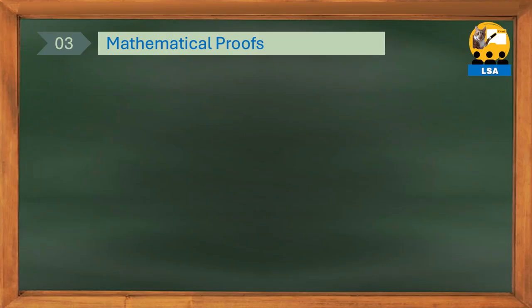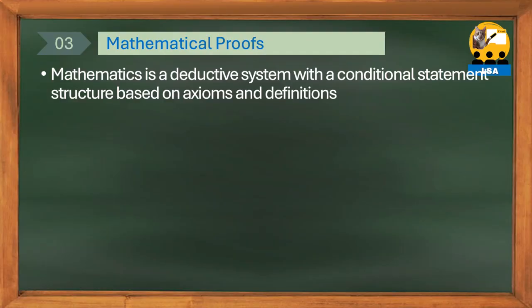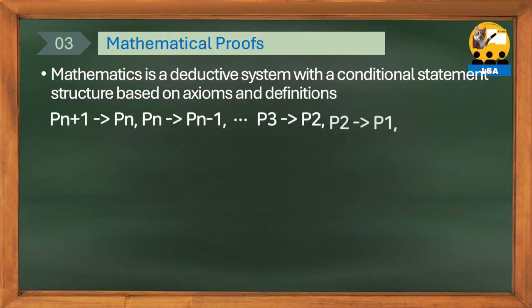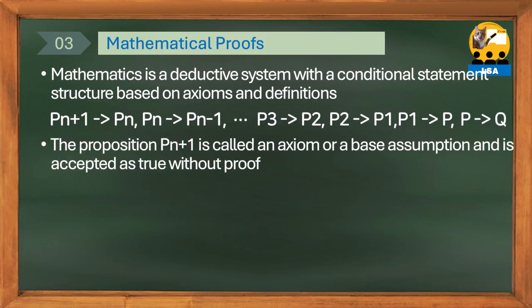Mathematics is composed of a deductive system with a conditional statement structure of if P, then Q, based on axioms and definitions. The very first proposition, P_{n+1}, is called an axiom or a base assumption, and it is accepted as true without proof.